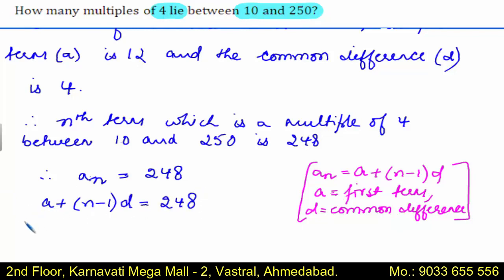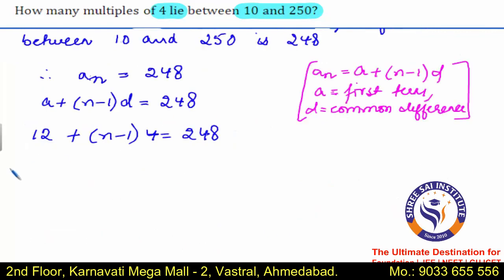Now, substituting the value of A and D, A is equal to 12 plus n minus 1 and D is 4 is equal to 248. This further implies that n minus 1 into 4 is equal to 248 minus 12.